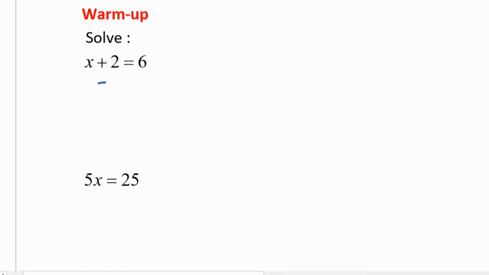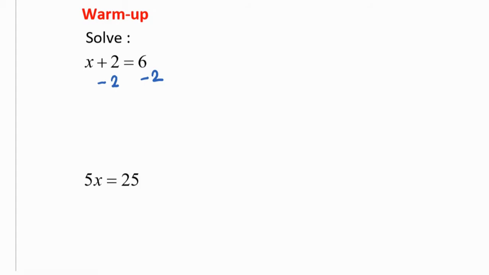So we are going to subtract 2 from both sides. If you remember, when you do something on one side, you have to do the same thing on the other side. I subtract 2 from the left-hand side, and I have to do the same thing on the right-hand side.